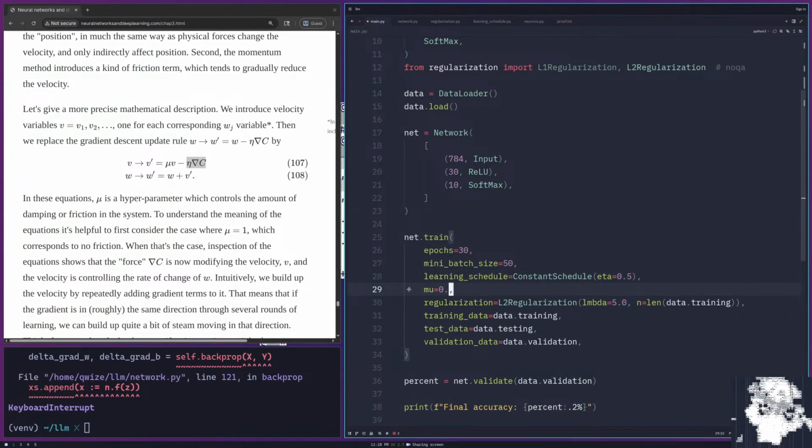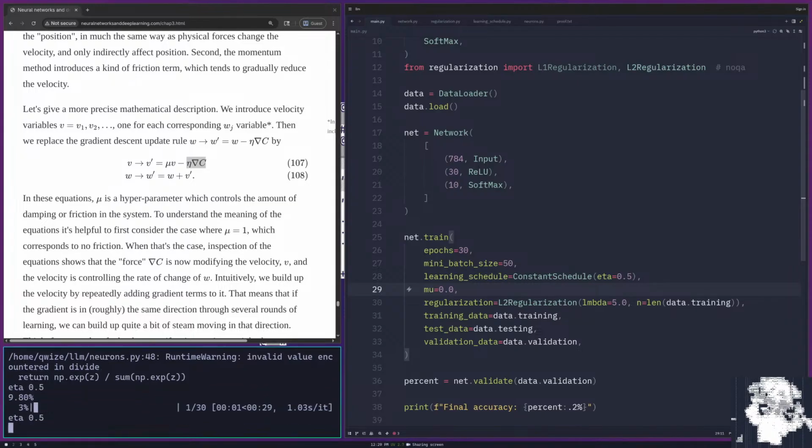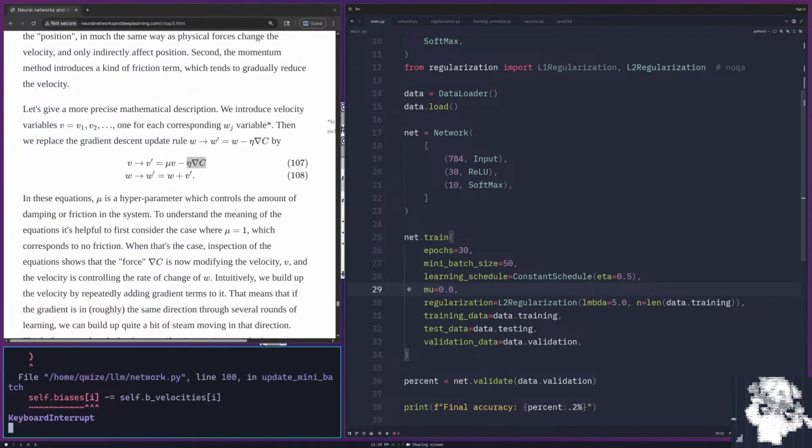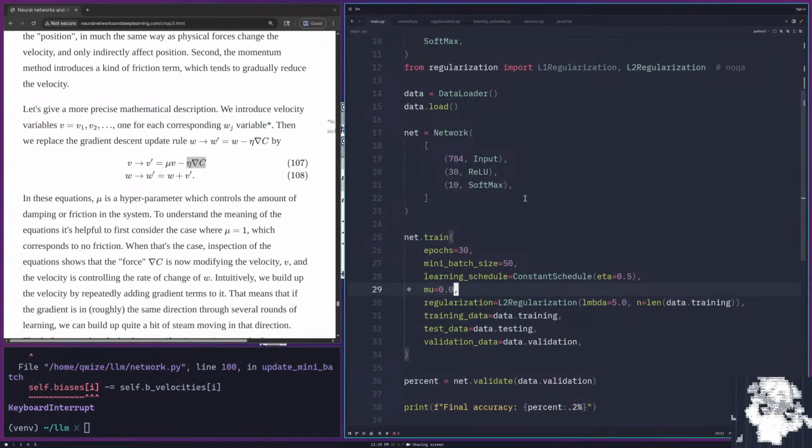Okay, so if this is 0, that should work the same as before. So if this isn't working the same as before, I've implemented it wrong. Okay, I've implemented it wrong. So what's the issue? No way to know because the issue is an overflow later. Oh, wait.